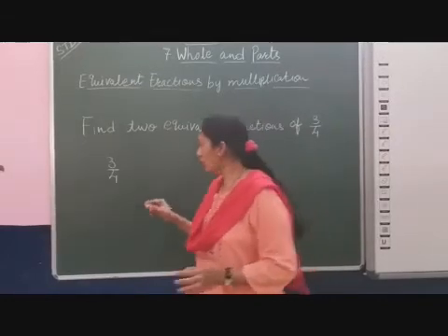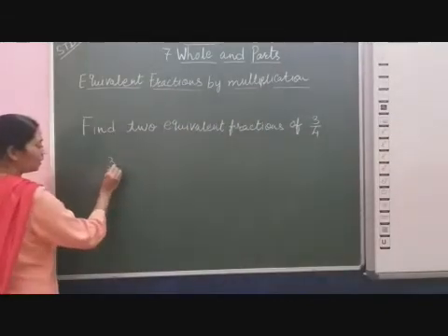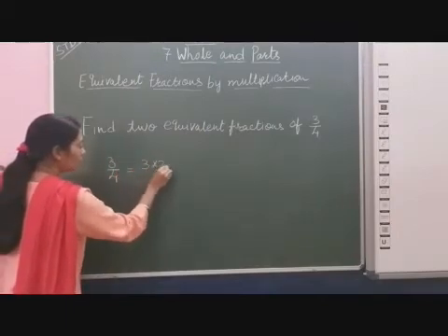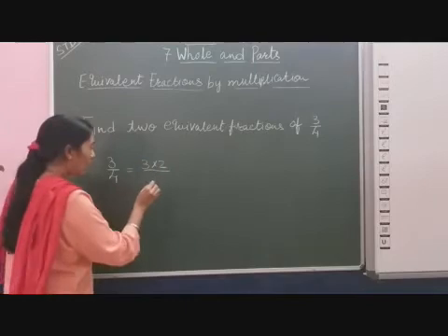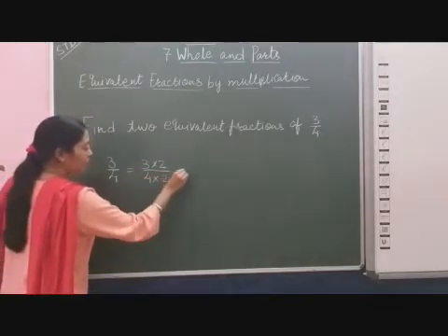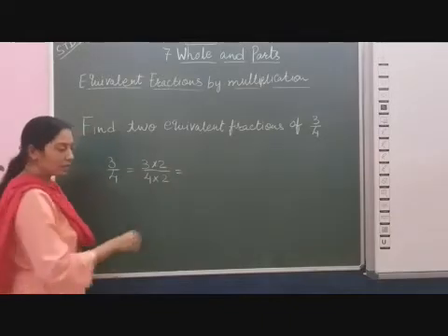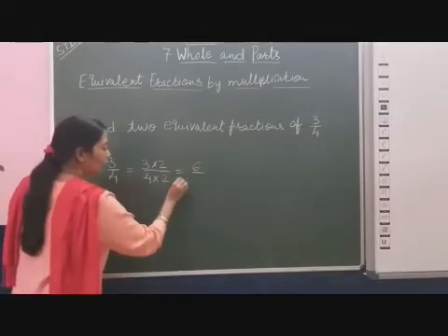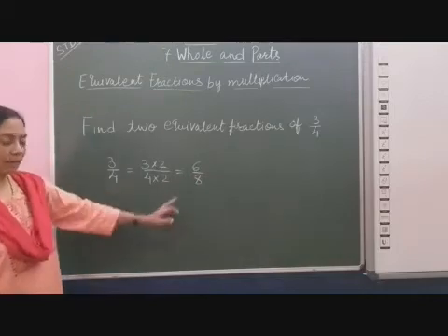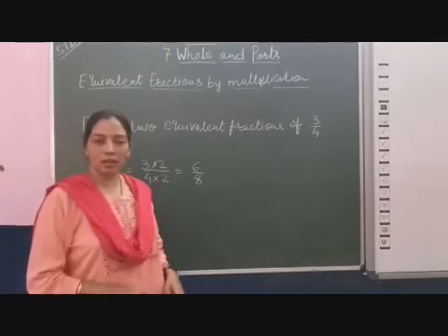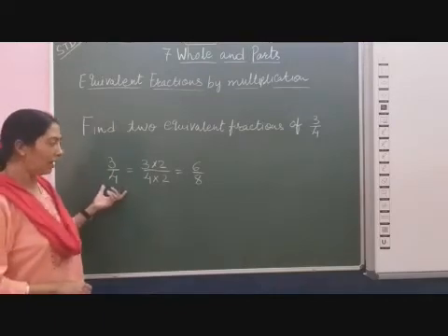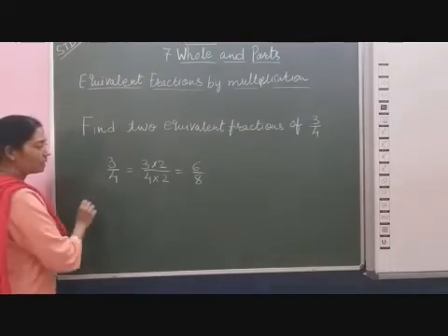Yes, so here the same number 2: the numerator 3 multiplied by 2, and the denominator 4 multiplied by 2. So what is 3 2s are 6 and 4 2s are 8. So 6 by 8, that means 6/8 here is the equivalent fraction.